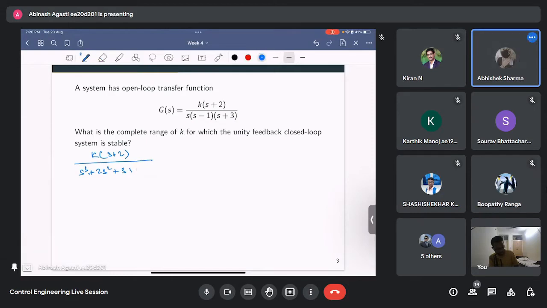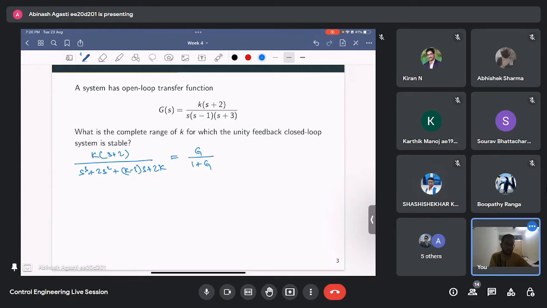Correct. So this is the closed loop transfer function, which we can find as G by 1 plus G. So everyone is clear with this? Anyone has any different answer?